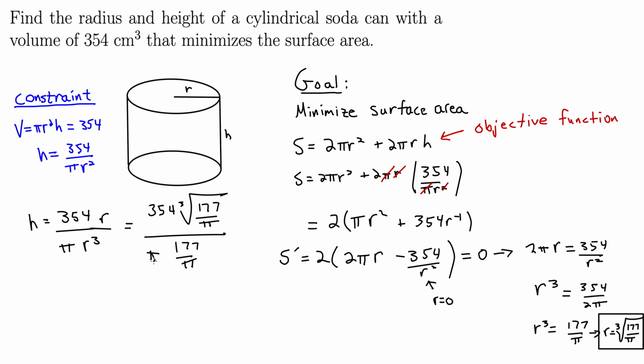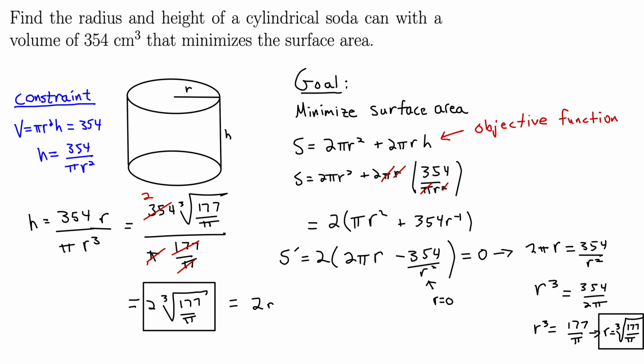We have some cancellation. Pi and pi cancel, and 177 and 354 cancel, leaving 2, which is 2 times the cube root of 177 over pi, which is technically our height. That's not the interesting part, but this is actually 2 times the radius. So technically our answer for the height is 2 times the cube root of 177 over pi.